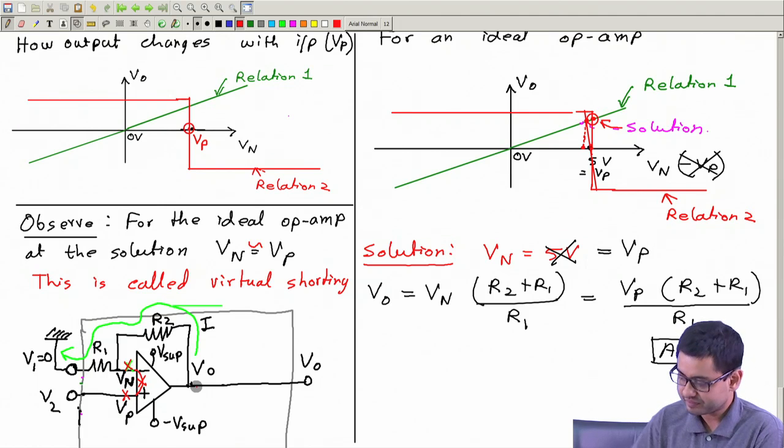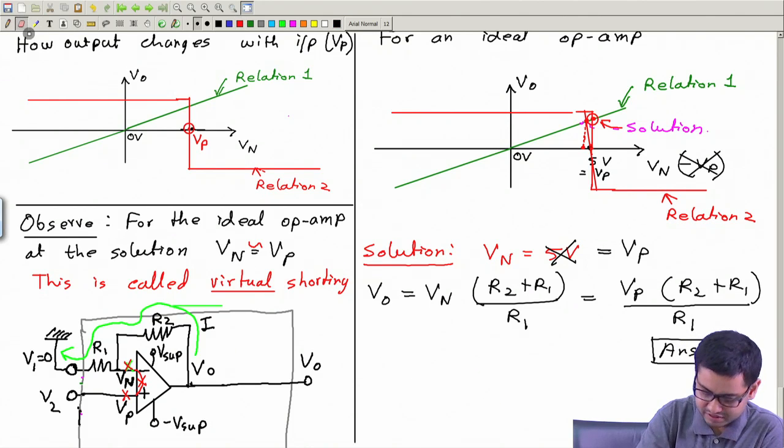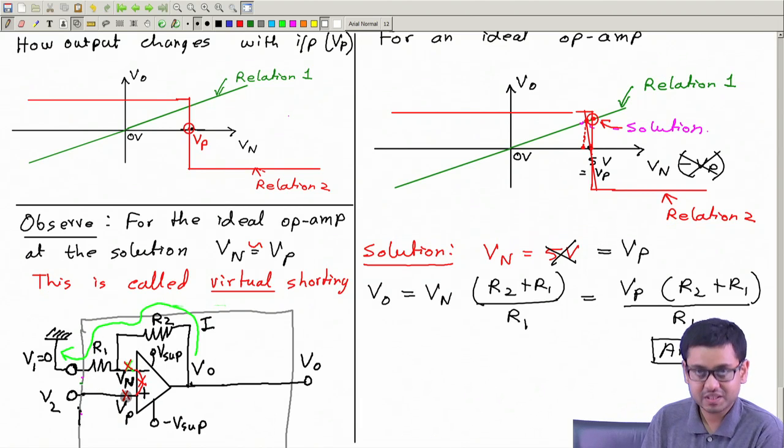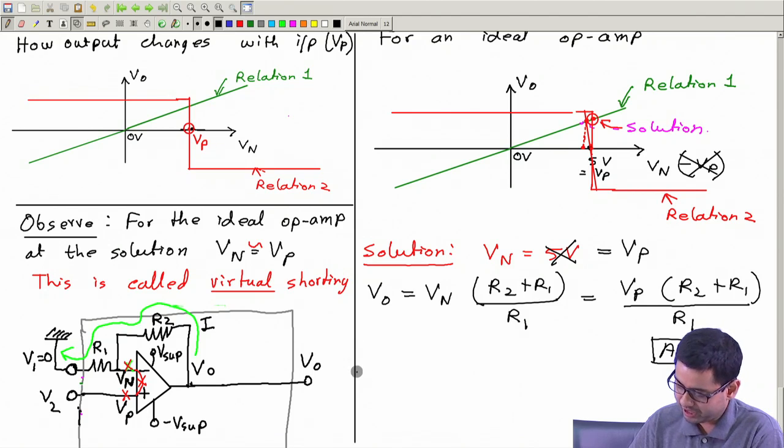Not at all. So this is called virtual shorting, and an important fact is that this virtual shorting is not a property of the op amp.